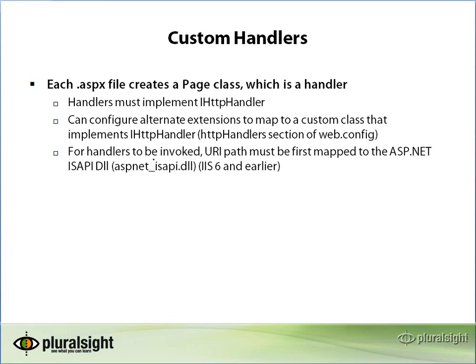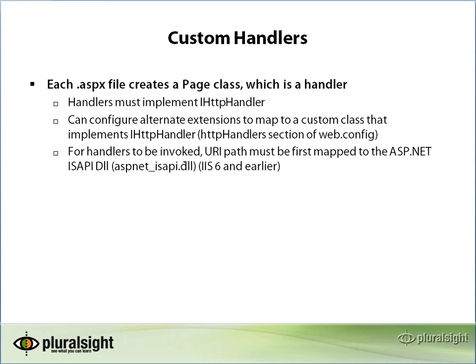And we'll have to configure ASP.NET to recognize this handler, and we'll also have to map a specific path or extension onto this handler. So we need to tell ASP.NET when to invoke this particular class's process request method, and how to map it onto us.